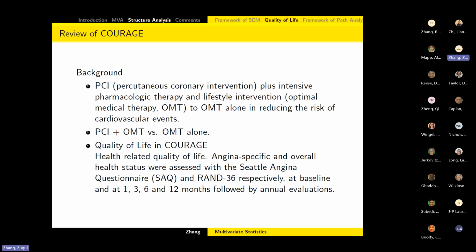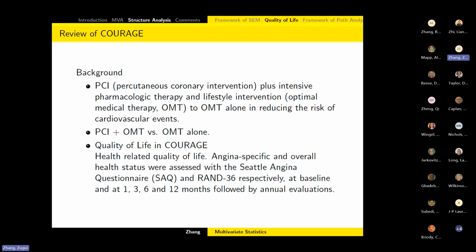I'm going to use a data set from our previous study, COURAGE, as an example. This COURAGE project is about PCI plus optimal medical therapy to reduce the risk of cardiovascular events. So our treatments are PCI plus optimal medical therapy versus optimal medical therapy alone.